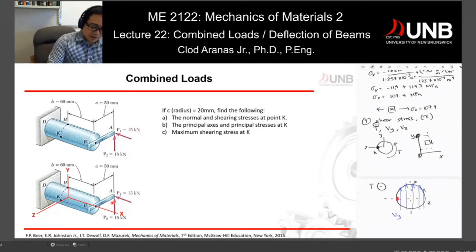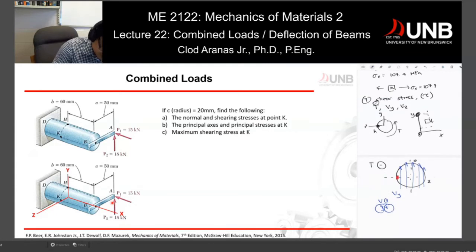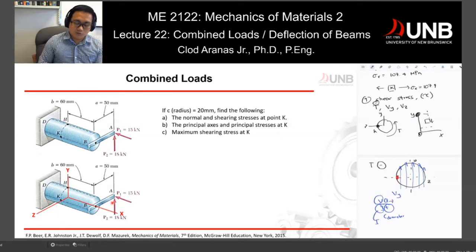Now, remember, what's the equation for shear for V sub Y? It's VQ divided by IT. We know this one, which is T, which is just the diameter of your section. That's the thickness of the section. So this is just basically your diameter. Your V, that's the value of your V, you know. We calculated I. It should not be a problem. How about our Q?